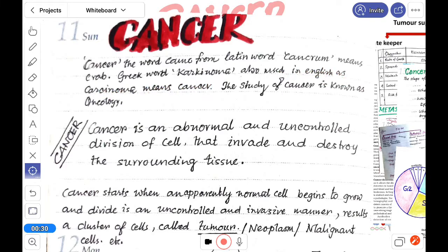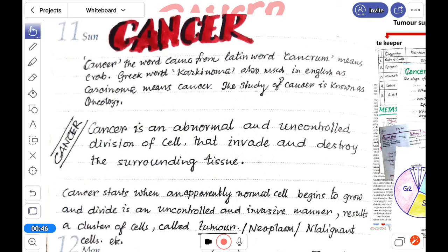Cancer is actually the abnormal and uncontrolled division of cells that invade and destroy the surrounding tissues. That is a definition.